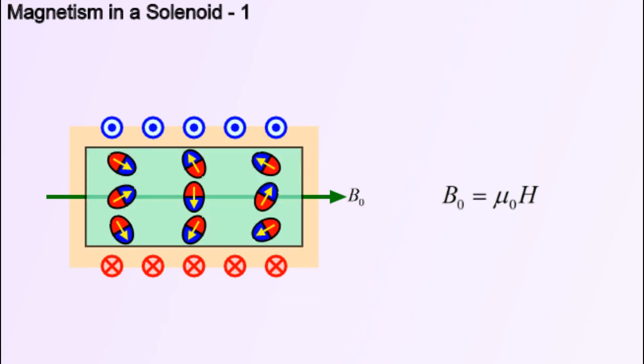Now what would happen if we put a piece of soft iron in the cavity of the solenoid? The soft iron has a certain degree of magnetization, which is weak, since you can see that all the magnetic moments are not aligned, but now they are placed under the influence of B0, the field created by the solenoid.